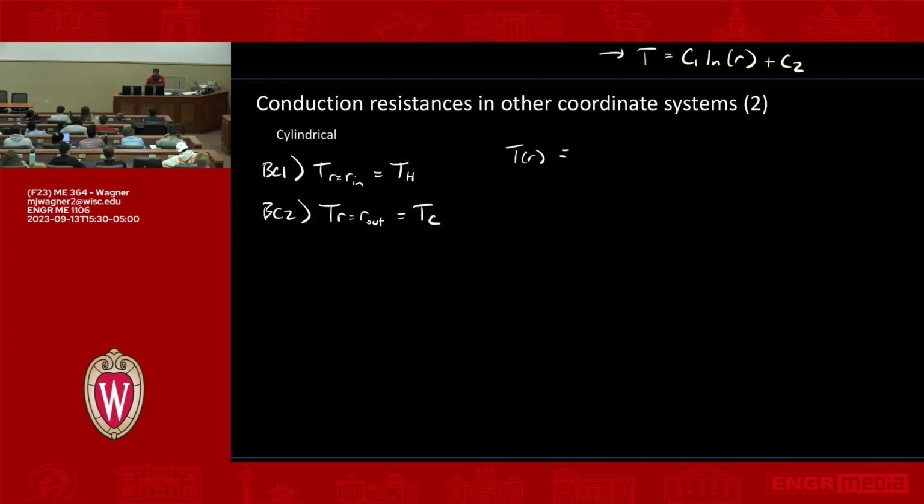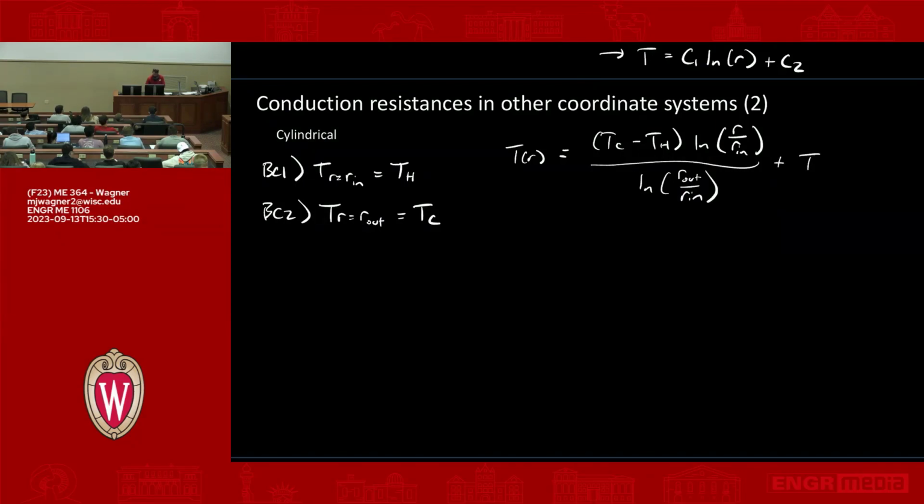T as a function of r is (T_c minus T_h) times ln of r over r_in, divided by ln of r_out over r_in, plus T_h. So that's our general solution in cylindrical coordinates for specified temperature boundary conditions.